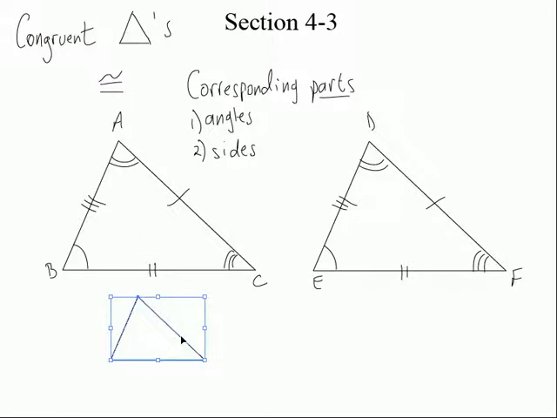So congruent triangles have to have the same shape and what else? The same size, okay? The shape is determined by the angles, isn't it? And the size, S-I-Z-E, is determined by what? The sides, S-I-D-E-S. It sounds kind of the same when you say it, but okay? Make sense? All right, let's label this.